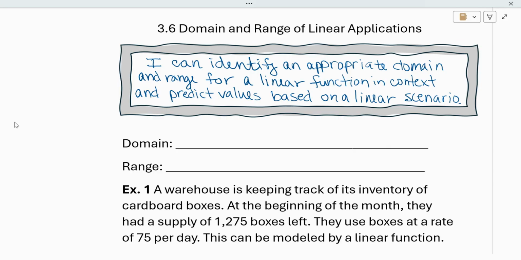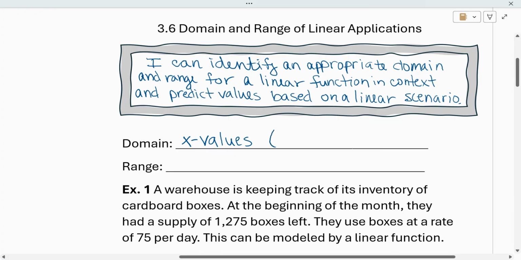Owen? It's the X values. Your domain is the X values. They're also called the input values.